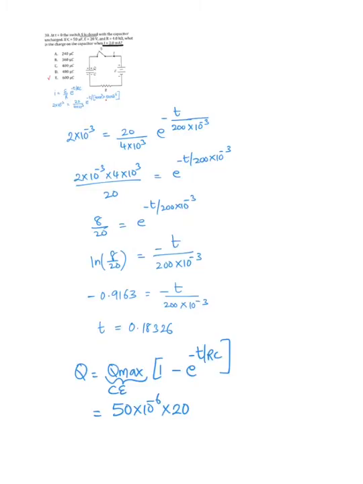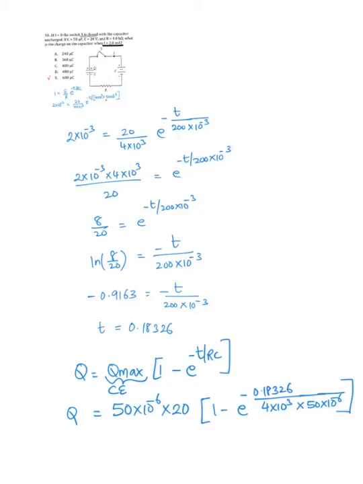That's why I'm writing that. I want to find Q, with 1 minus e to the power of negative t, 0.18326, that's the value of t. And RC, what was the value of ohms? So 4 into 10 to the power 3, and C is 50 into 10 to the power negative 6.